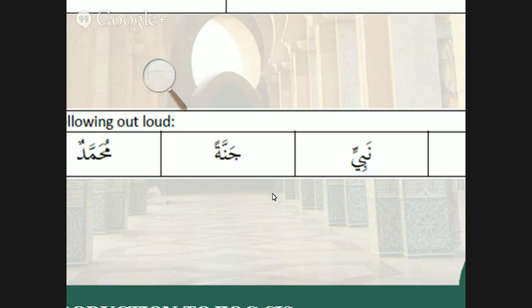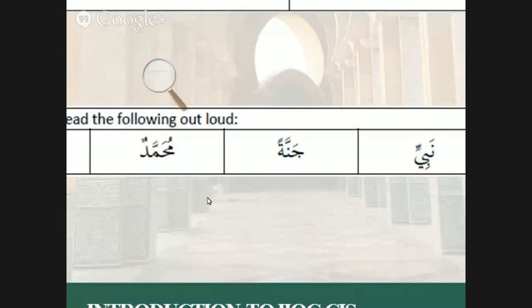And then there's a ta with two fathas. Tanween, right? So that's a tan. Tan. So we get Jannatan. Jannatan. And this will just come with practice, don't worry. You have the entire weekend to practice this. Okay? Let's do the next one.